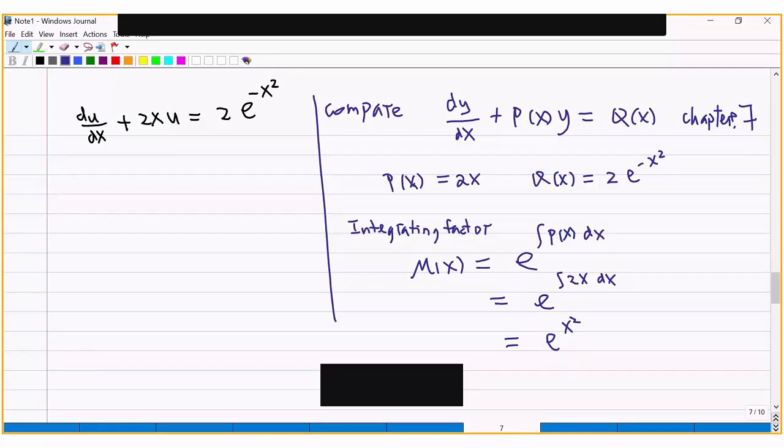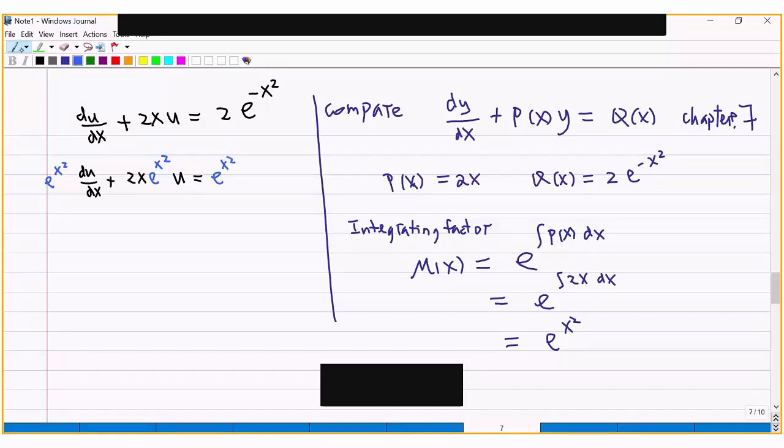So after you find the integrating factor, you plug this into the original equation. I'm going to multiply everywhere by the integrating factor. So what you have is e power x squared multiplied by du/dx plus 2x e power x squared times u, and then multiply by e power x squared everywhere, which is the integrating factor.